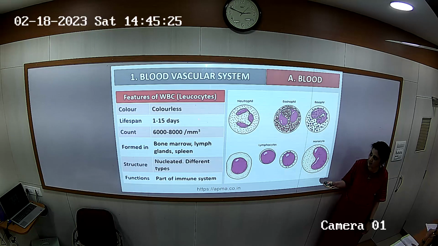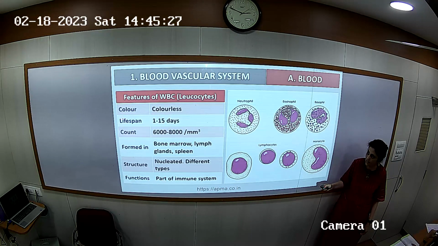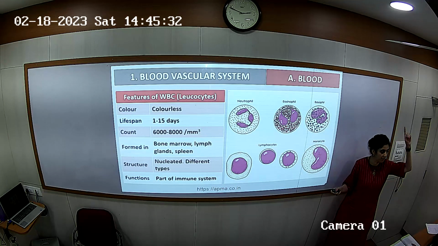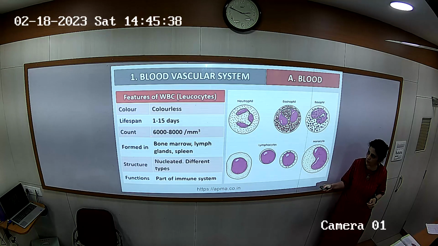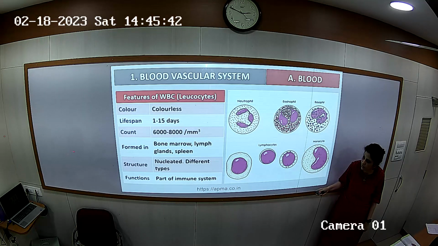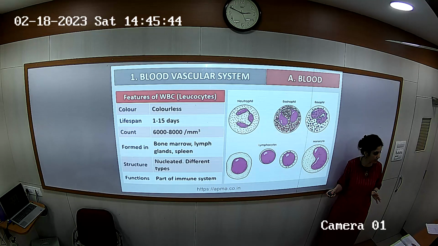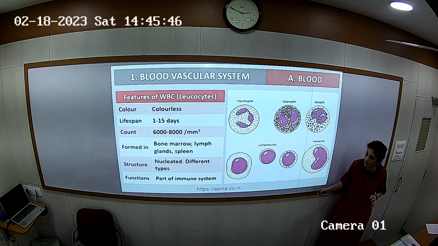WBCs, color is colorless, it's not white. Lifespan is around 50 days. Count is, that was 5 to 5.5 million for RBCs, and this is 6,000 to 8,000 per cubic millimeter of blood, formed in the bone marrow, lymph glands and spleen. Structure is nucleated. Now they have a nucleus. They have organelles.